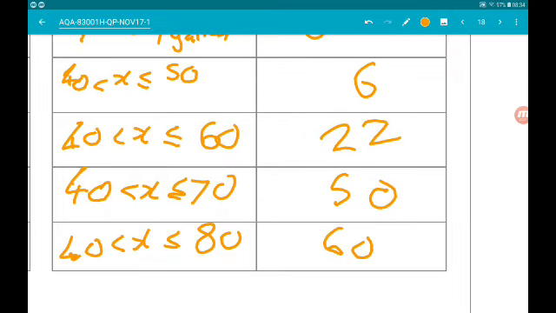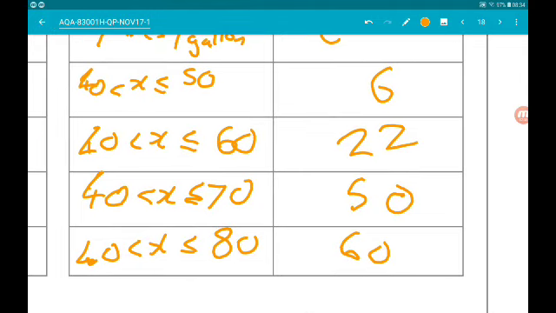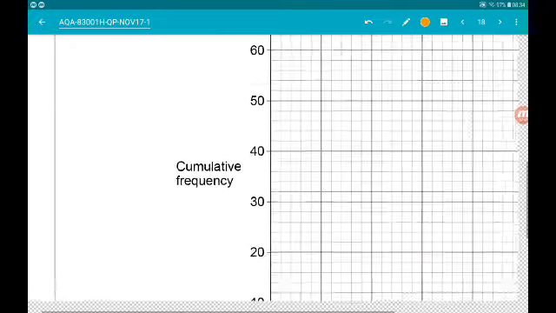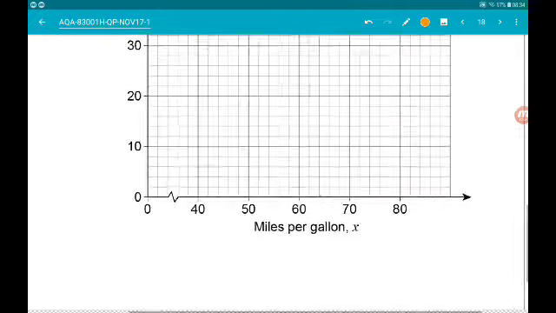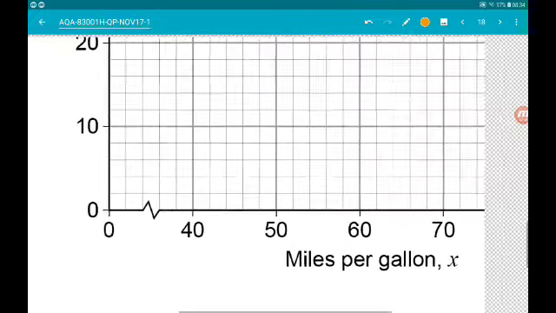So you use the upper bound of each interval as the x-coordinate and the cumulative frequency as the y-coordinate. So the first point that we want to plot is 50, 6. So there's 50.